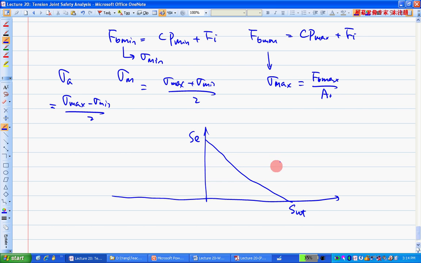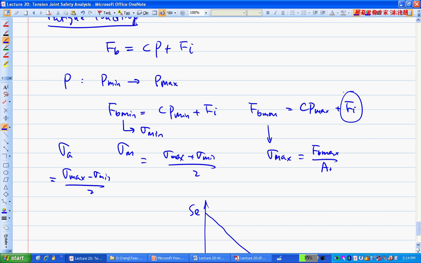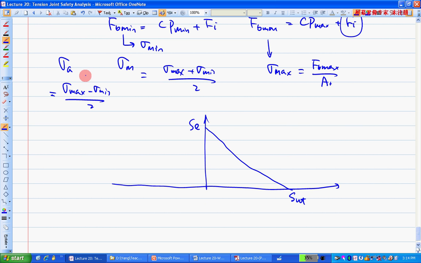Now, for our situation here, initially what's the load? If there's no external load, capital P, your initial load is Fi. Which basically means your sigma M value is not 0, right?